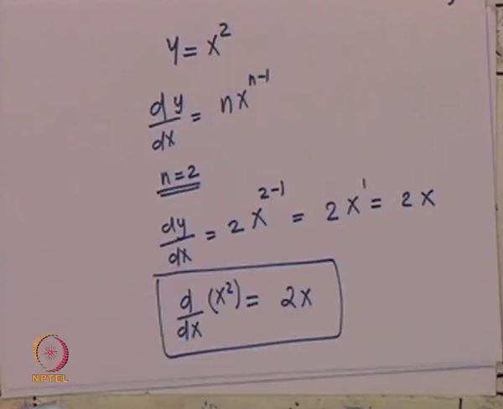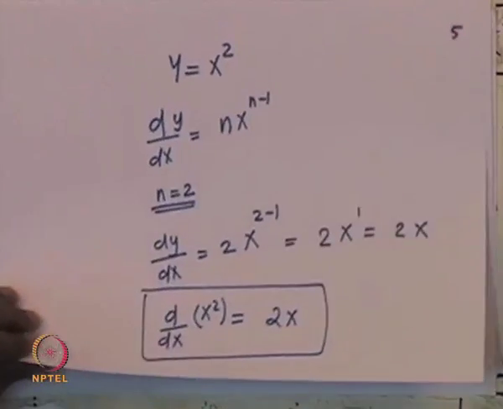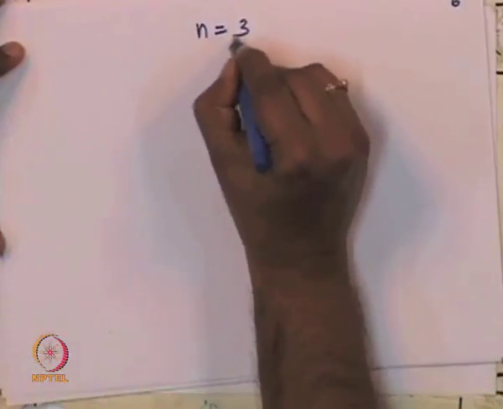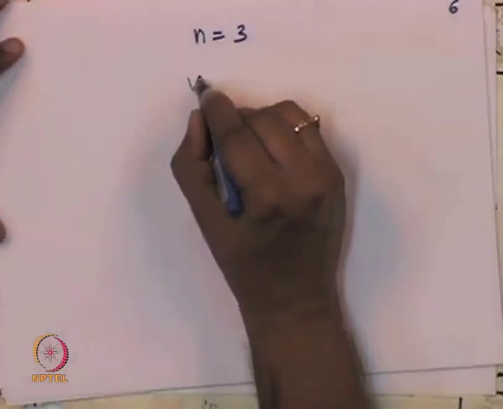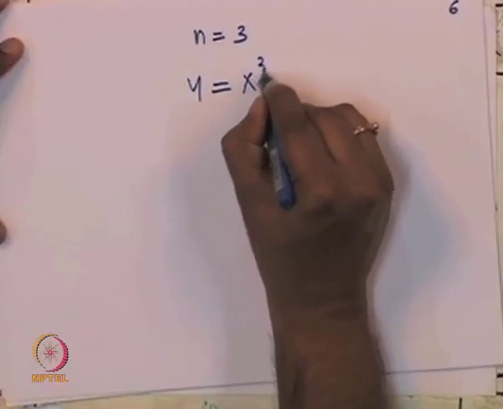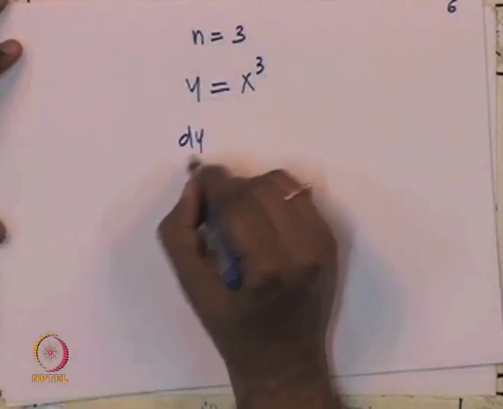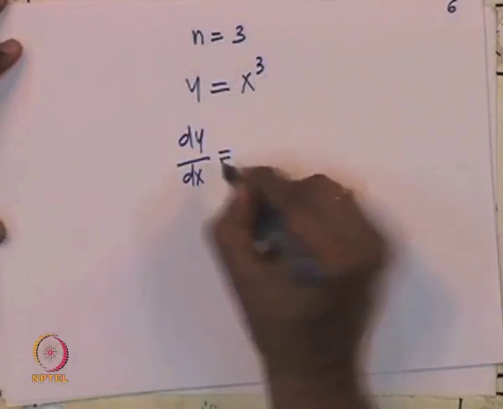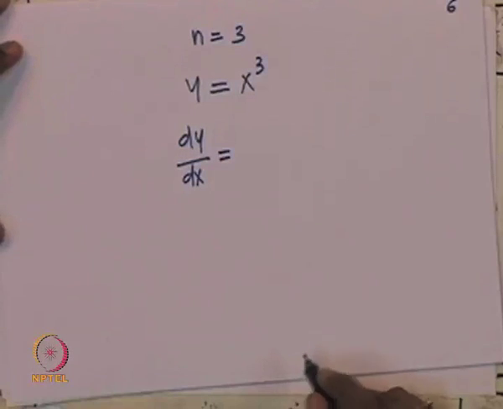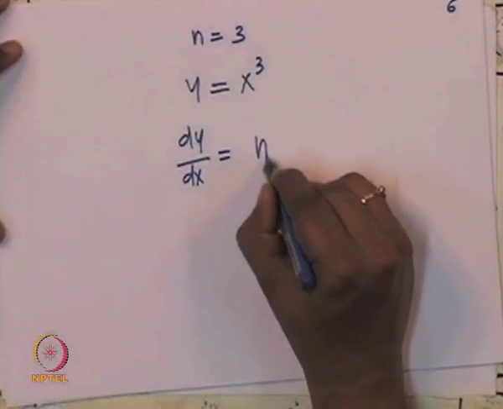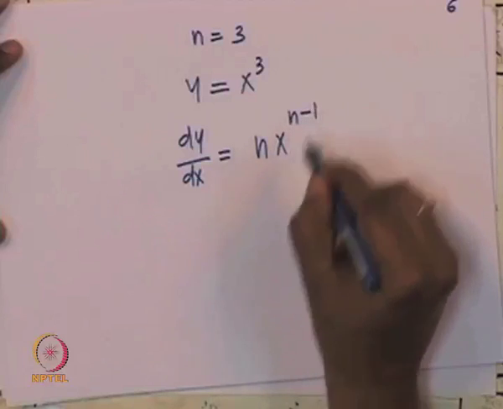Let us apply this rule when n is equal to 3. So now the next case, n is equal to 3. That means y is x power 3. According to the rule we learned, dy by dx is n x power n minus 1.